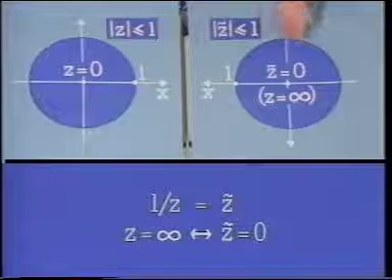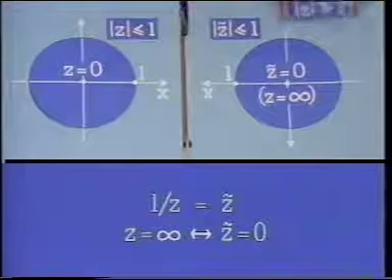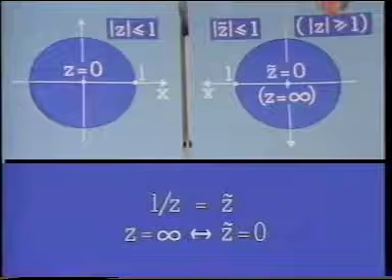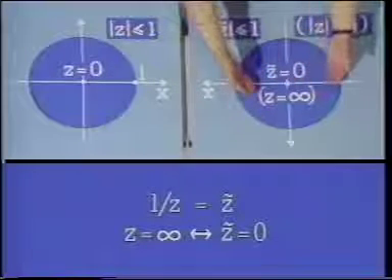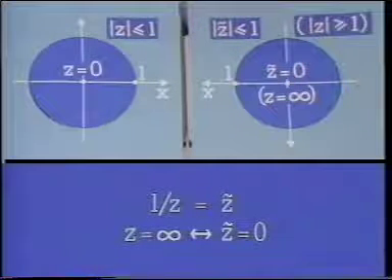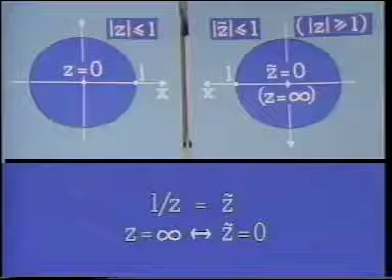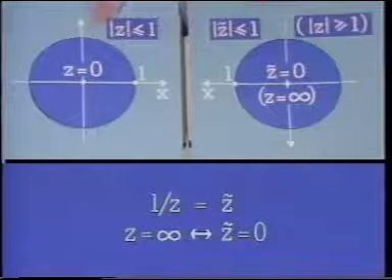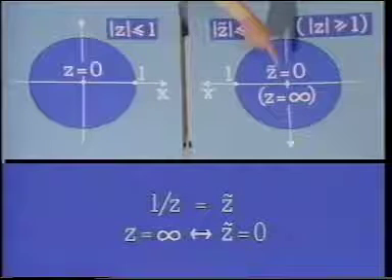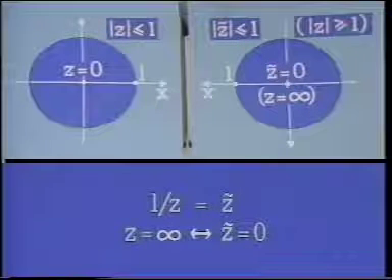The unit disk in the z tilde plane can be thought of as these points in z. So these are the z points with modulus greater than or equal to 1. So the interior of this disk represents all the points outside this one, plus the point z equals infinity.